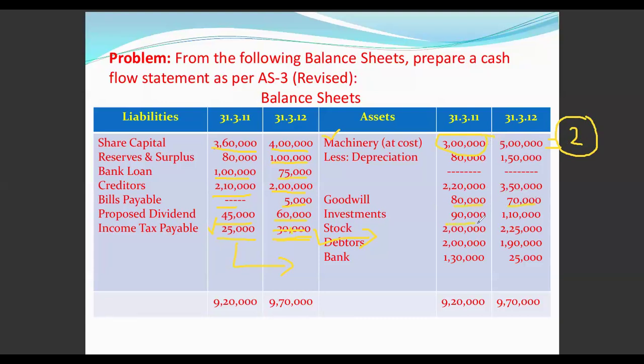The investments were 90,000 and now the investments are 1 lakh 10,000. So I invested 20,000 more in investments. So indirectly, I have done the application of money and this will be considered as cash flow.